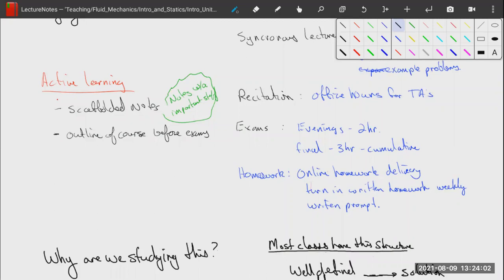Then there's also this written prompt, right? So I mentioned this written prompt here for the written homework. And this written prompt is kind of important. It's going to make you go back and look at your work, and again, think about your work in a different way.